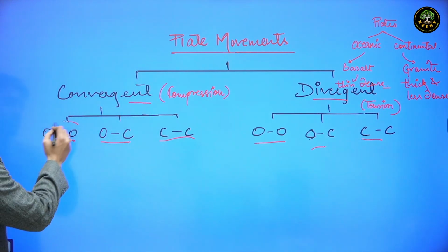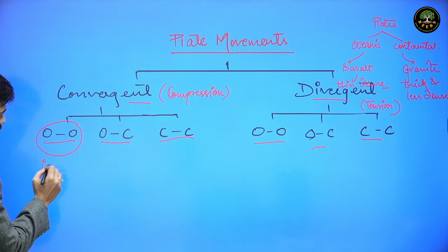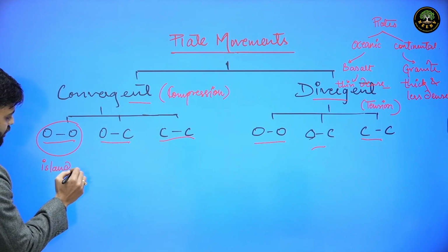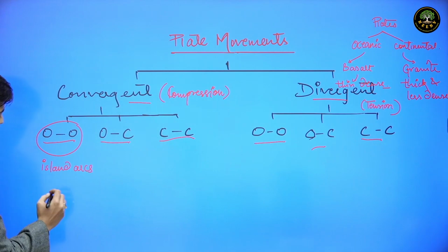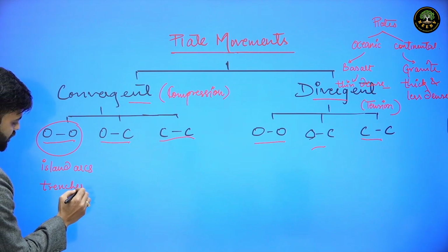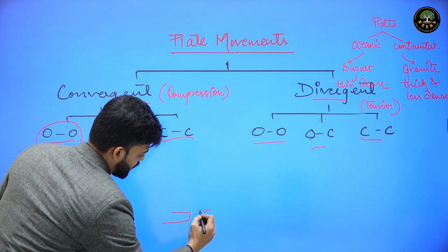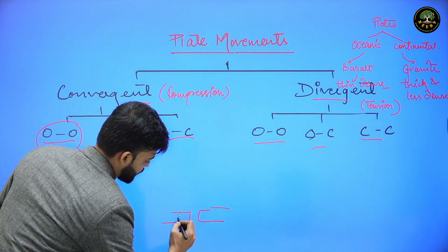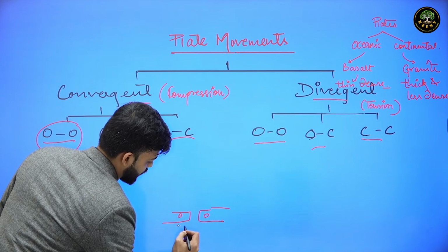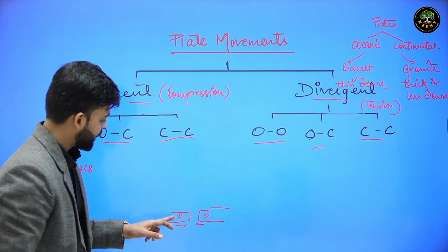For example, oceanic convergence gives rise to island arcs or trenches. Now suppose these are the two oceanic plates. They are moving towards each other. They are of similar density.